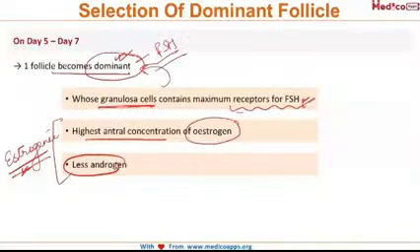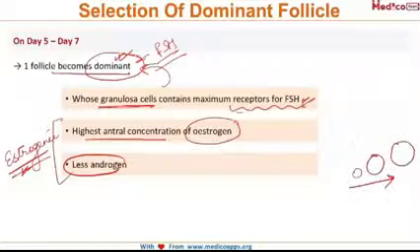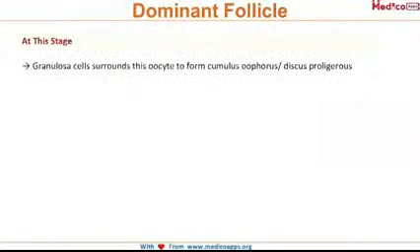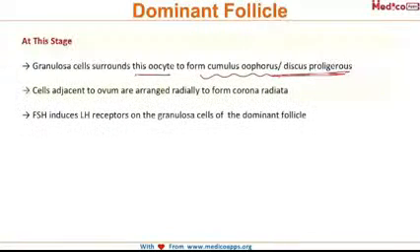Now once the dominant follicle is selected, it keeps on growing under the influence of the hormone follicle stimulating hormone. At this time the granulosa cells surround the oocyte to form cumulus oophorus or discus proligerous, and the cells adjacent to the ovum are arranged radially to form corona radiata.